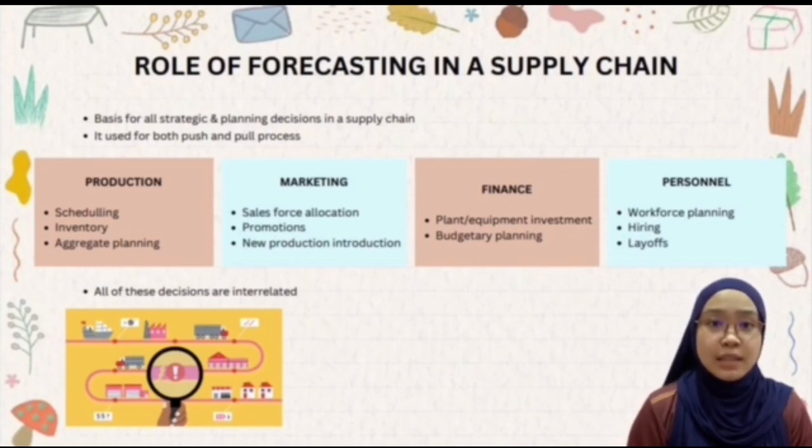Under the marketing activity is sales force allocation, promotions, and new product introduction, while under finance activity is equipment investment and budgetary planning. Lastly, under personnel activity is workforce planning, hiring, and layoff.